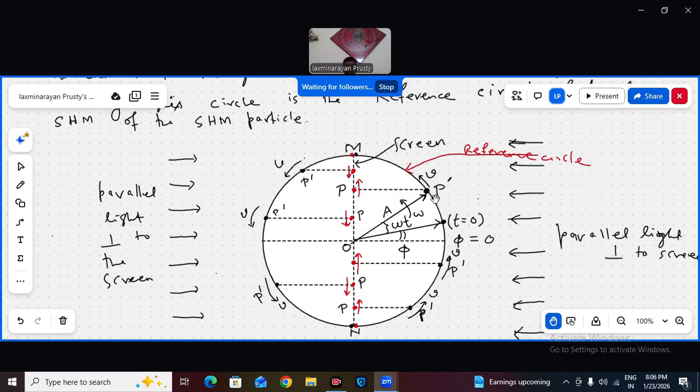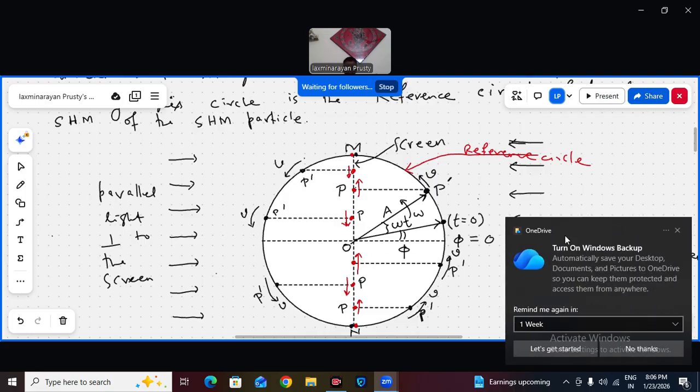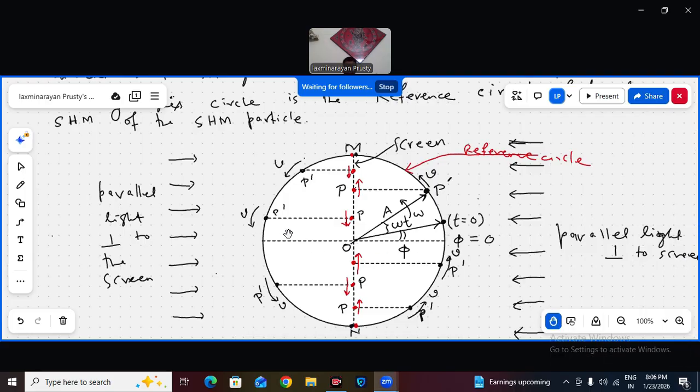In uniform circular motion, speed v is constant, and I take a diameter, let's say this vertical diameter M O N. O is the center of the circle. You can choose any diameter, and to the diameter at a perpendicular at O, which looks horizontal in this diagram, I call this some arbitrary angular position, phi is equal to 0.